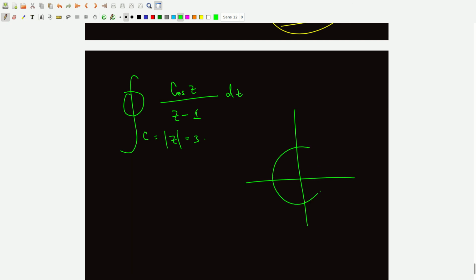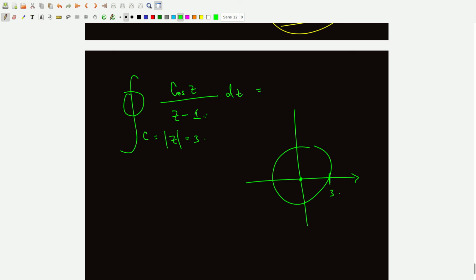So that path there is a circle centered at the origin with radius 3. In here you realize that our z0 is 1.